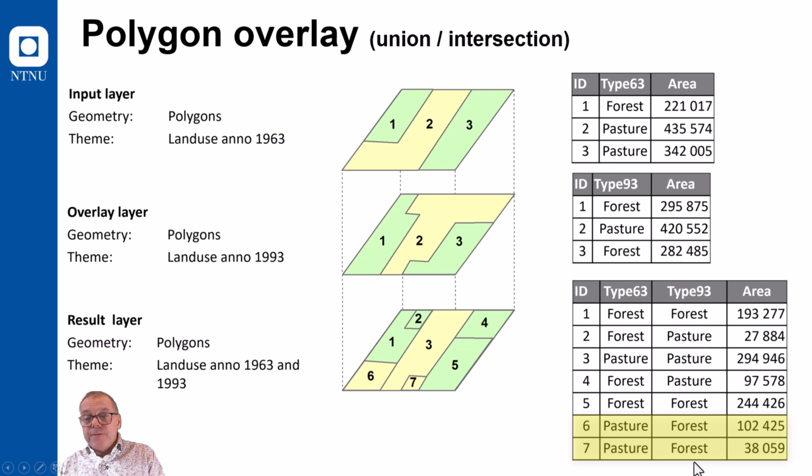So by identifying these 2 areas here, the 6 and the 7, these are the areas which have that interesting land use change.